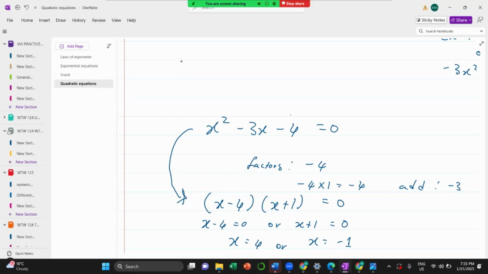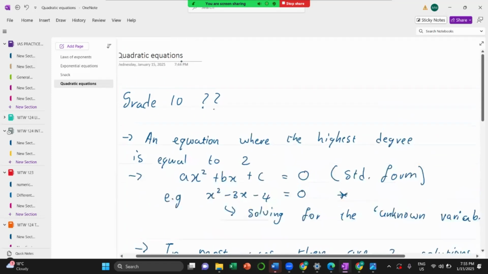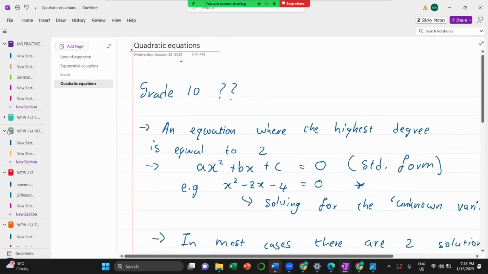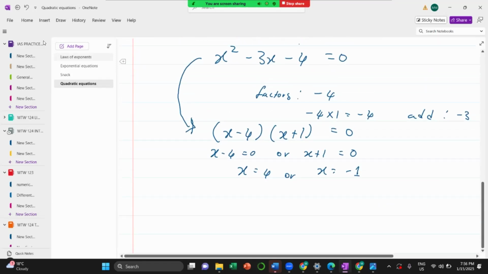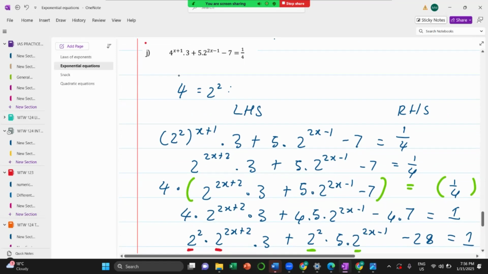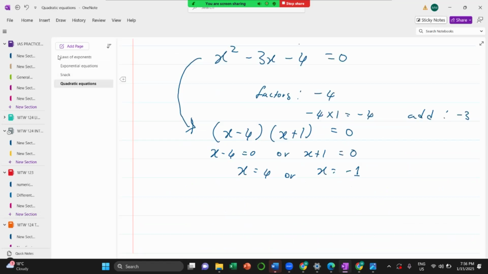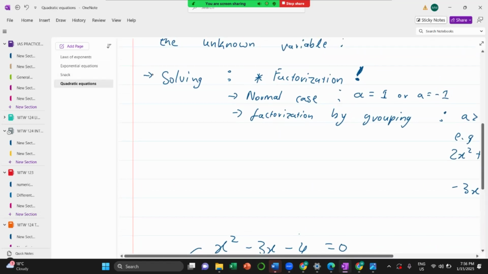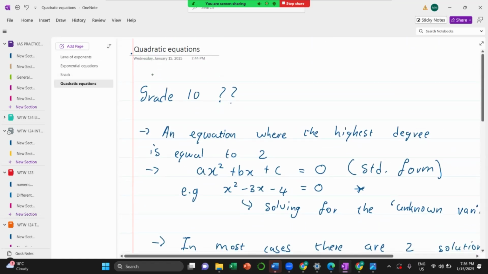But I'll teach you guys when we get there. For today, I was just reminding you of some quadratic equations because there are some cases of exponential equations, and remember, here we are just dealing with exponential equations. But there are some cases which we are going to do tomorrow, which will lead us to using a quadratic equation. So please park this knowledge of quadratic equations somewhere in your mind.